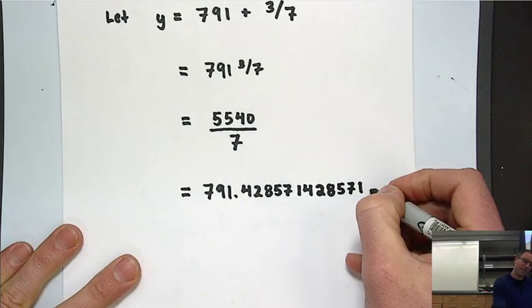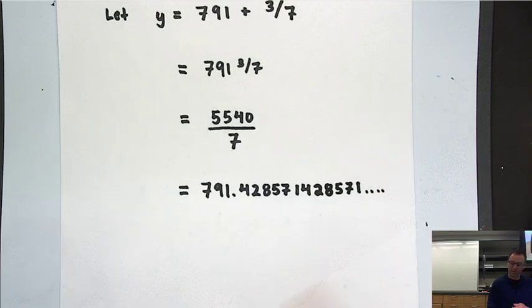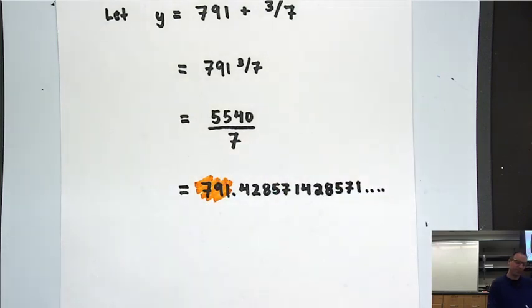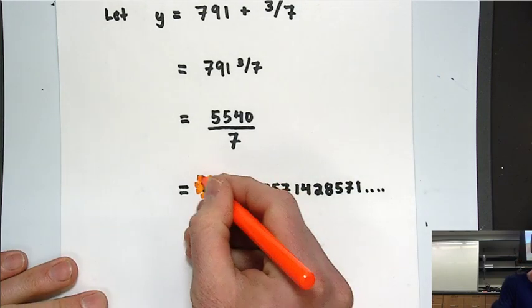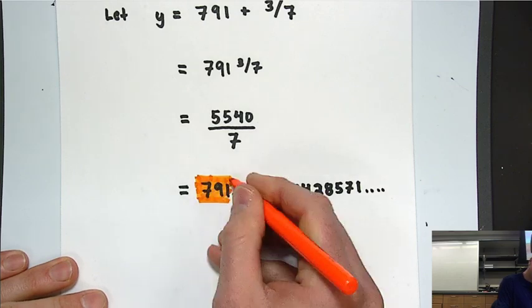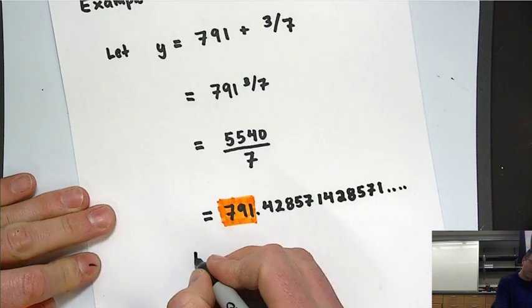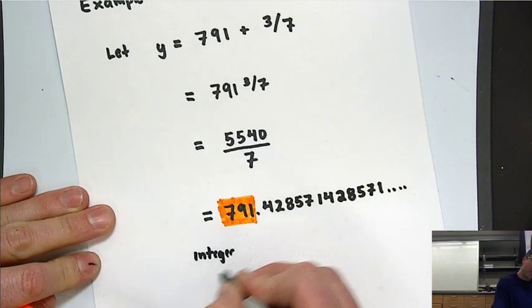Okay. And then we call this thing up here, what did we call that thing? Okay, so this whole thing right there is called the integer part.